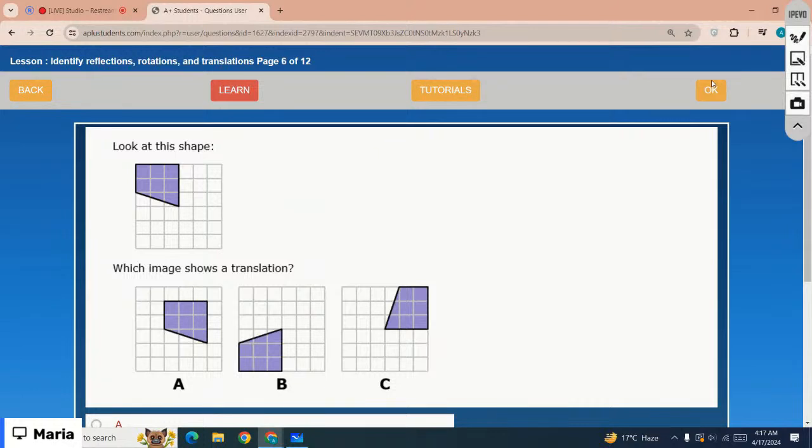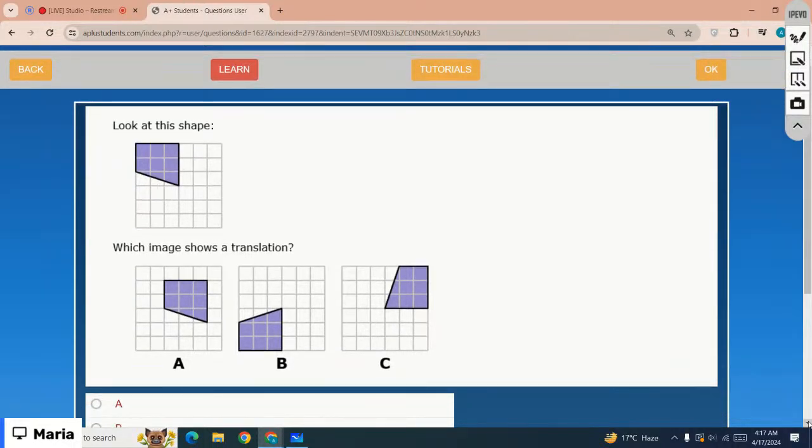Look at this shape. Which image shows a translation? Which is the correct option? Yes, A is the translation. The correct option is A.